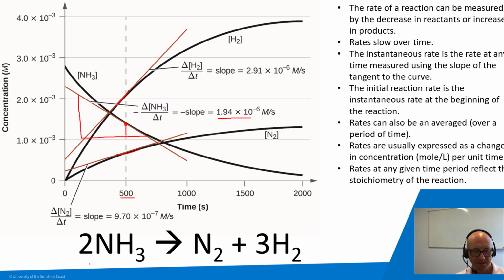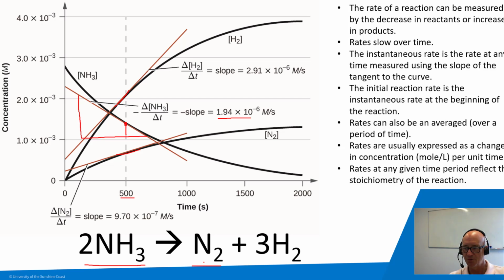And the thing that's most important is this. If we go back here and look at this equation, hopefully you can see that for every 2 ammonia that decompose, you only produce 1 N2. So it's actually the amount of N2 is being produced at half the rate. And if you look here in the camera for a sec, there's my fingers.